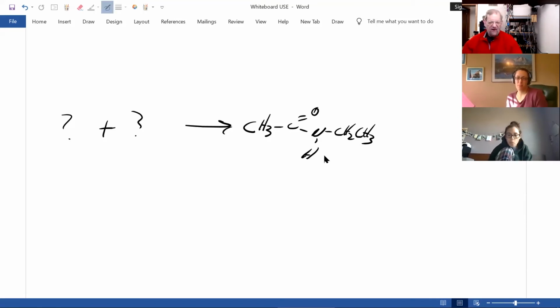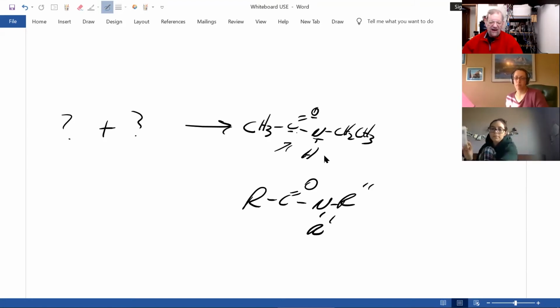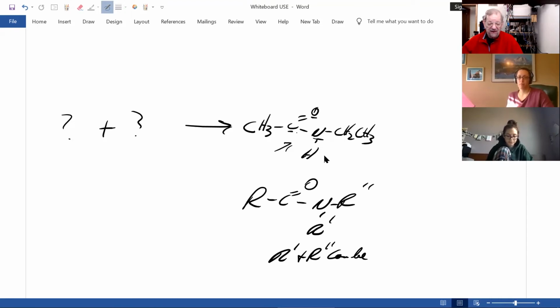All right, how do you do this? You look at the product and say what's different, what's not carbon: oxygen, nitrogen, carbonyl, nitrogen to the carbonyl. This is an amide. And here we have R prime and R double prime, which can be hydrogen.